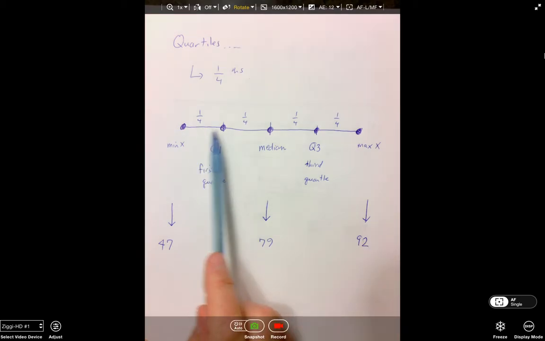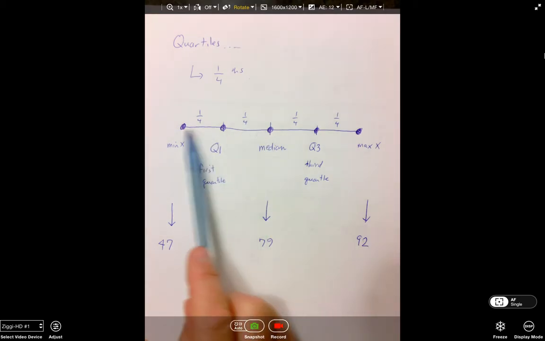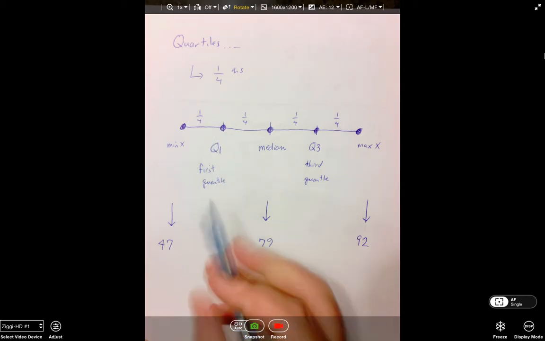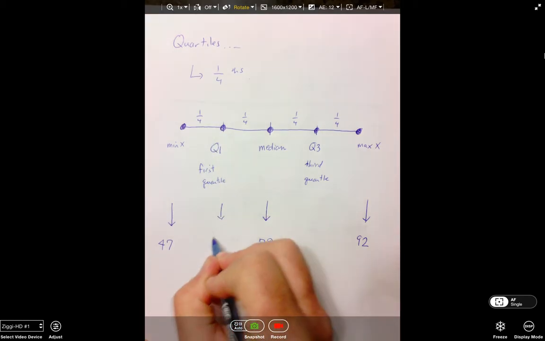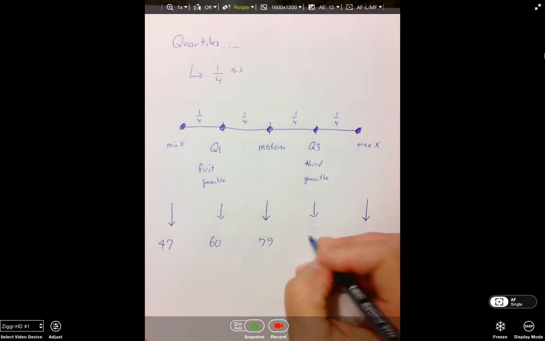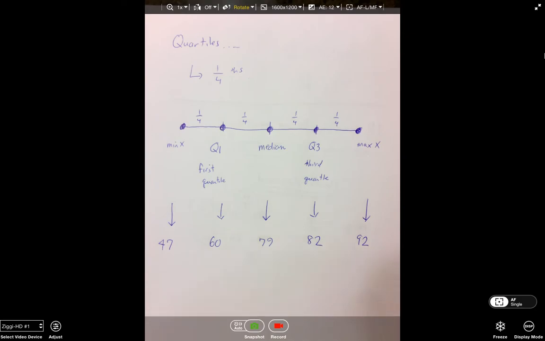Now this Q1 right here, this is the median of the scores below the median. And we saw that this was 60. And we saw that Q3 was 82. So one thing, what does this 82 tell us? It's the third quartile.